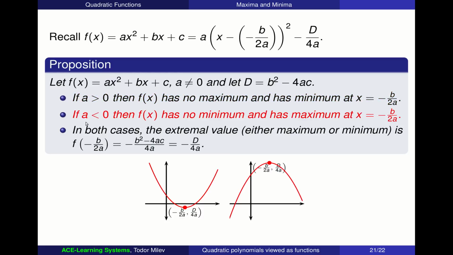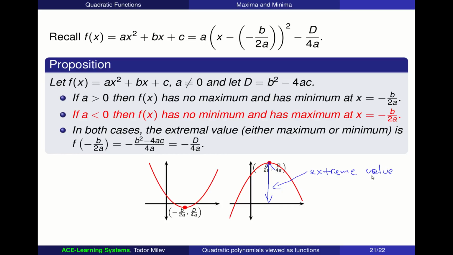If my leading coefficient a is negative, I have a parabola which opens down, and then that function has a maximum when x is negative b over 2a. In both of these cases, the actual extreme value, the height of the extreme point, is the extreme value.